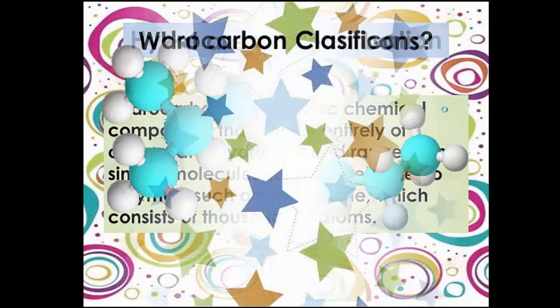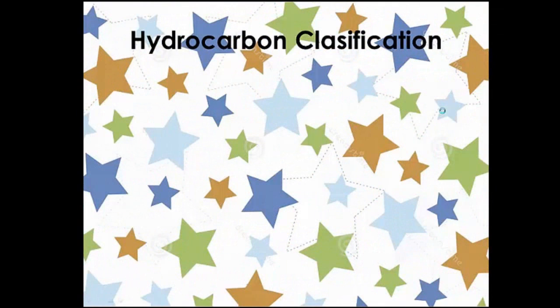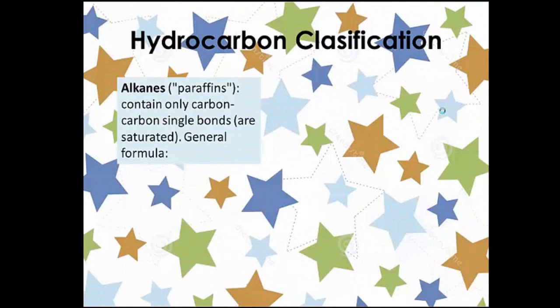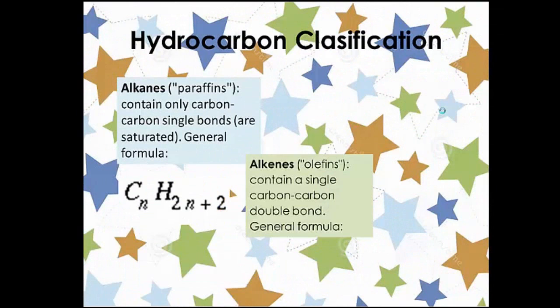The hydrocarbons have classifications. The first is alkanes. They contain only carbon-carbon single bonds and are saturated. The general formula is this. Next are alkenes or olefins.